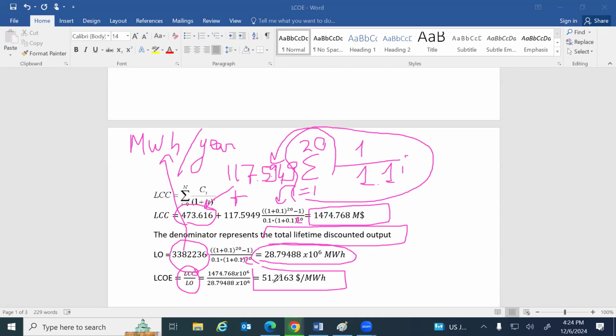Okay, so it's good to know the range of LCOE to know if what you got is reasonable or not. This method can be used to compare, as we said, different measures of production of electricity. Any question on this problem?